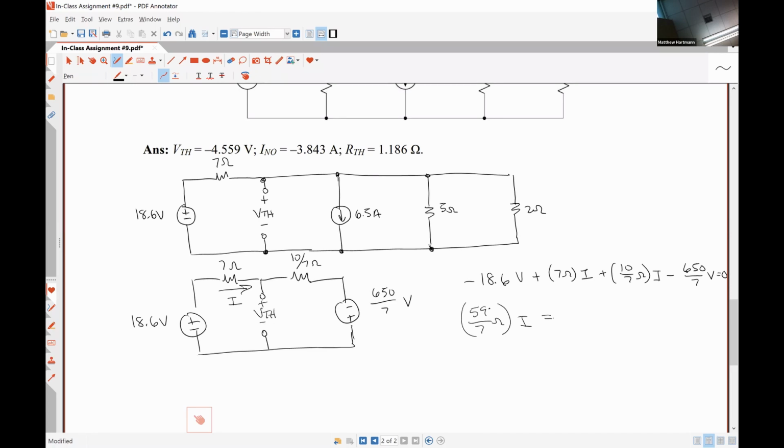Let's see, 650 over 7 plus 18.6, 111.457. Oh, yes, sir. When you're doing the source transformation, that voltage should be 65 over 7, not 650 over 7. You're absolutely right.